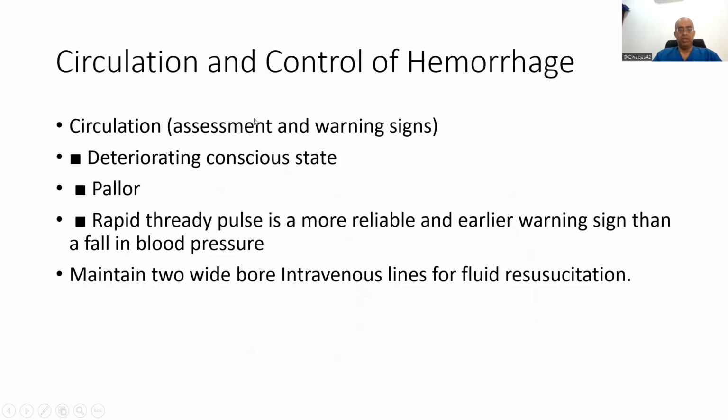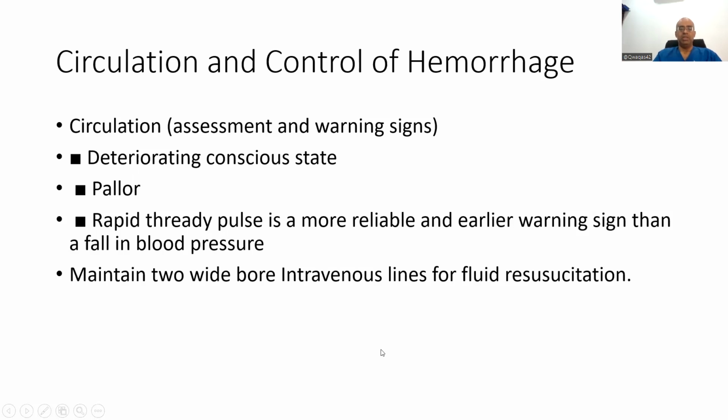Circulation means you need to maintain the IV line. The IV line is usually maintained with 2 wide-bore IV cannulas so that resuscitation fluid can be administered rapidly. If you see that the patient has a deteriorating conscious state, pallor, and a rapid pulse, that means the patient is going into shock and needs fluid resuscitation.